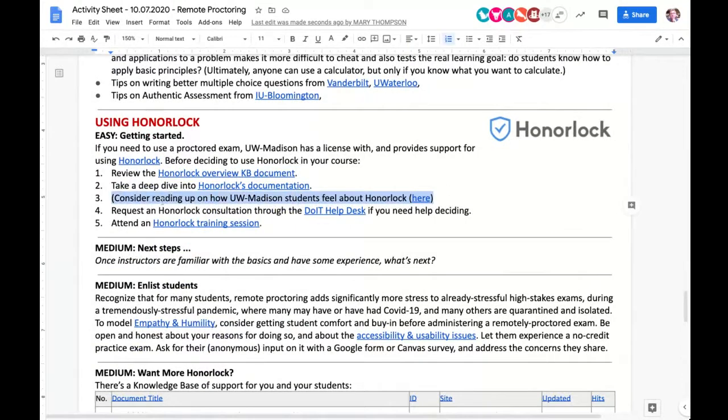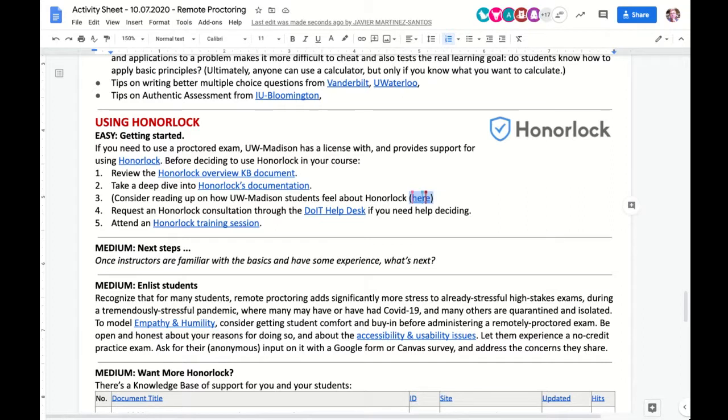Number 3 under getting started: consider reading up on how UW-Madison students feel about Honorlock. I've got a link at the end of that which opens up a Reddit page, and because they're a little bit more anonymous than they might be with you, they can ask some questions and make some statements about Honorlock.